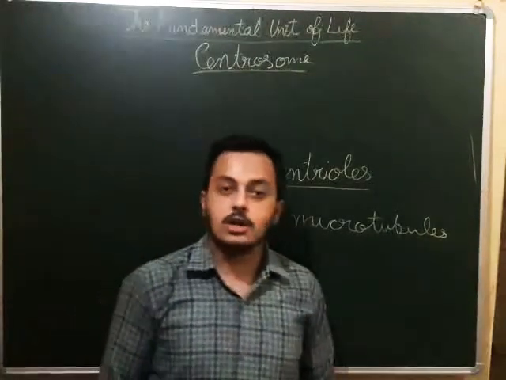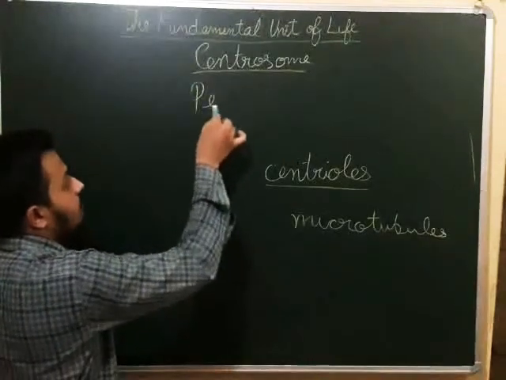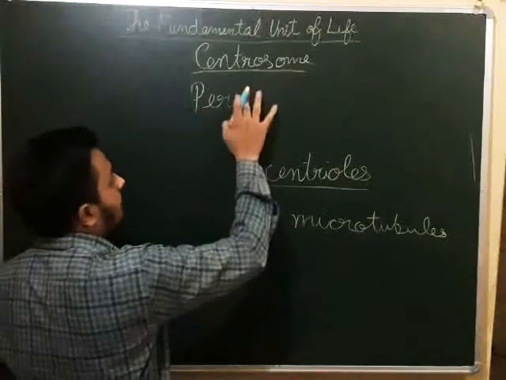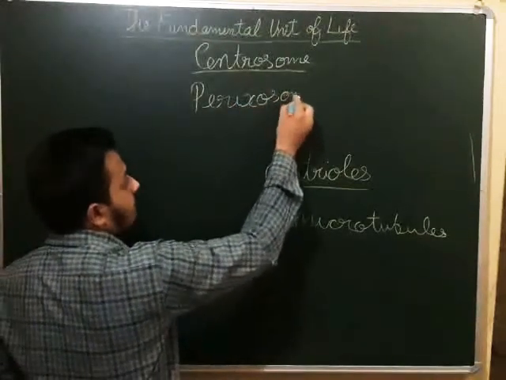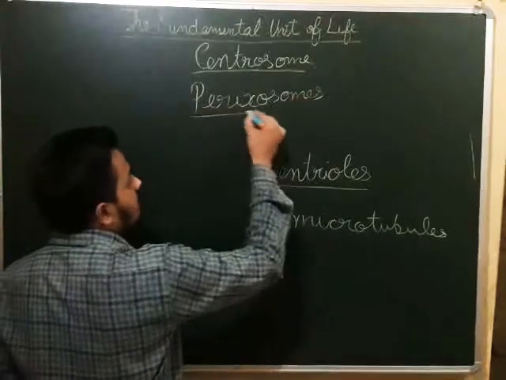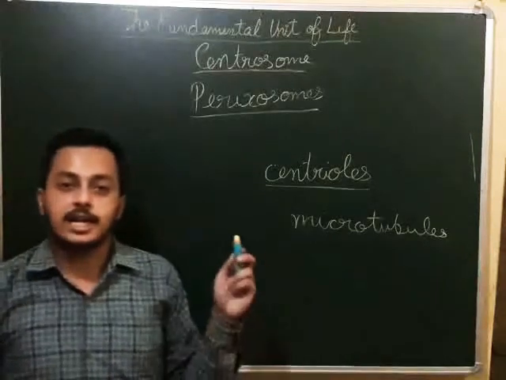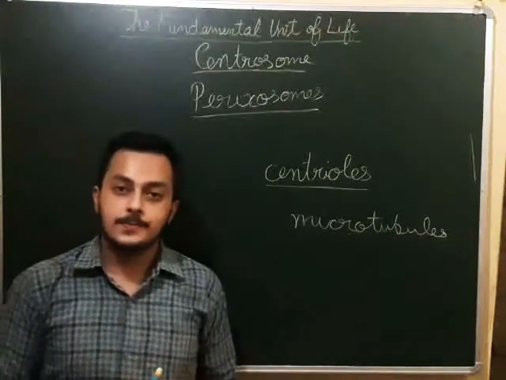The next cell organelle is peroxisomes. These are also bag-like structures. They contain some oxidative enzymes.